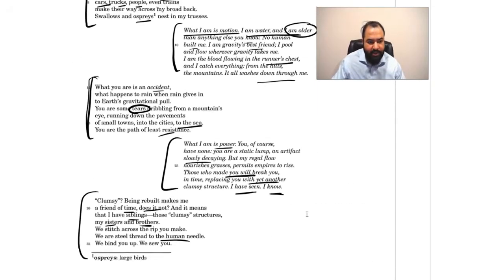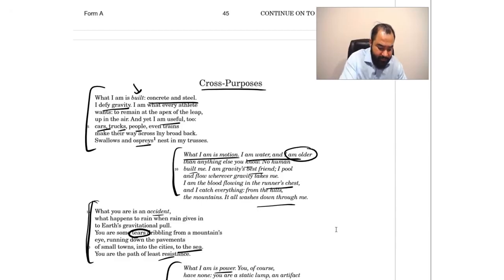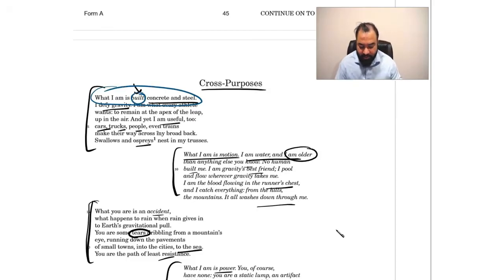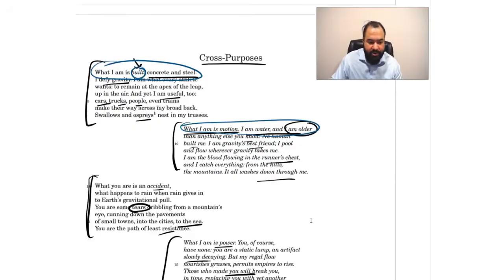Line 1 says, "What I am is built, concrete and steel." It's a proper introduction. I think "what I am is built" means something strong, that's built. And in line 8, water is saying "what I am is motion," something fluctuating, and I'm water and older. So a simple introduction is happening.